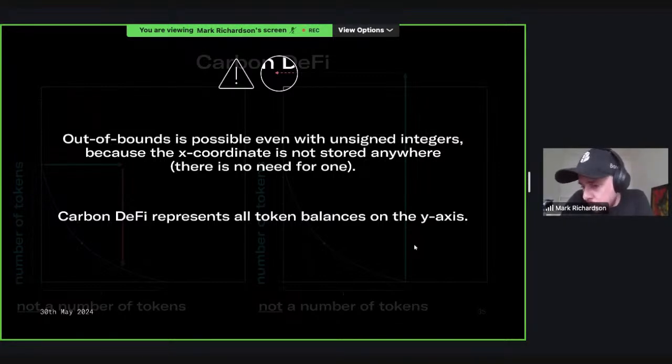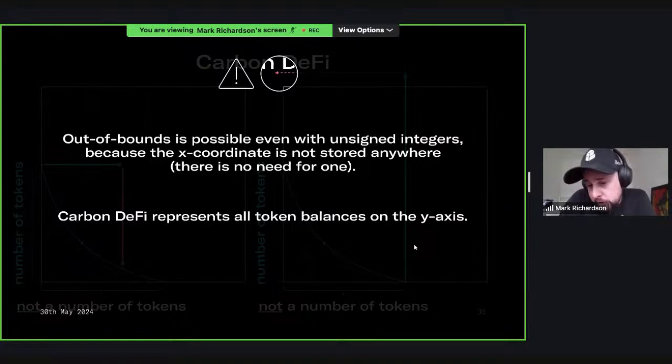It's only looking at y coordinates, and from its perspective, the y coordinate is still positive. Nothing weird has happened. But if you were to then extrapolate the bonding curve, you would note that the contract is technically reporting a negative x coordinate.